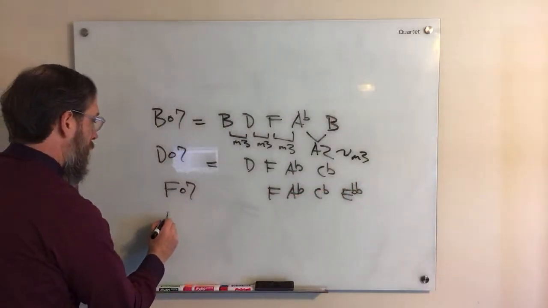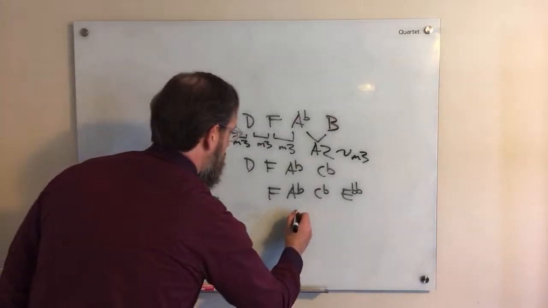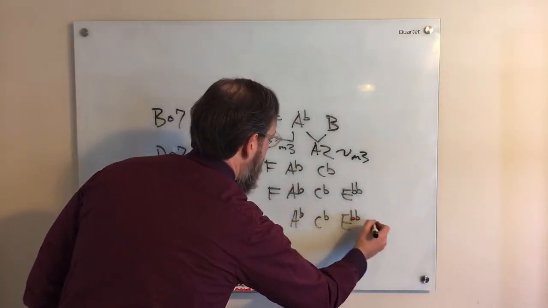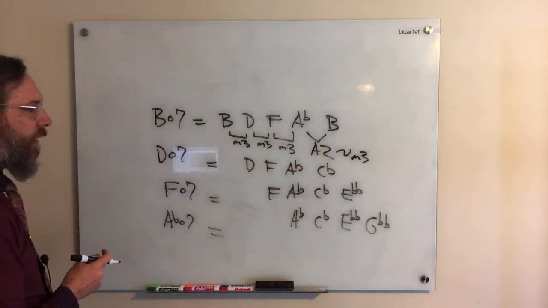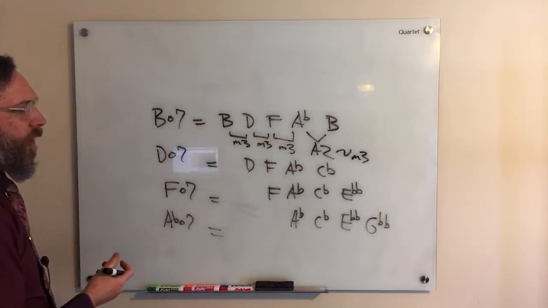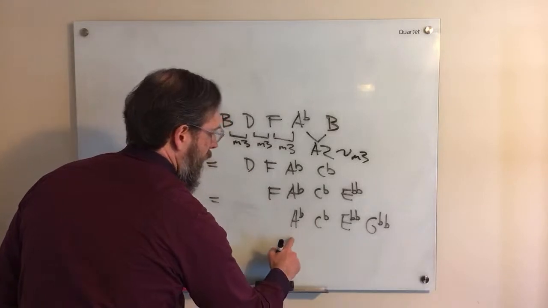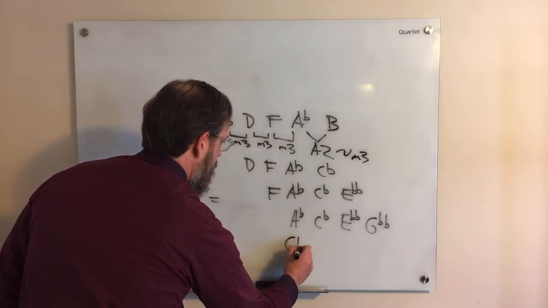And you can rewrite it to be an A flat diminished 7 chord, which would be A flat, C flat, E double flat, G double flat. We can rename any of these enharmonically, because A flat diminished is not usually the way you're going to see it. You'll often see it as a G sharp diminished 7.